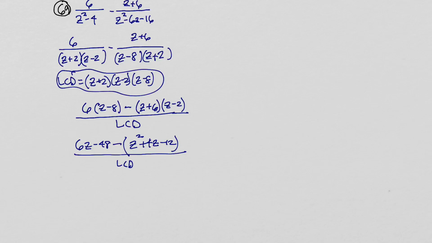Now let's send this minus sign through here. So I'll do it up here on the right. So we'll get 6z minus 48, and then the minus sign goes through, minus z squared minus 4z plus 12 all over the LCD. Let's combine some like terms here. So first of all, I'm going to put it in this order here.